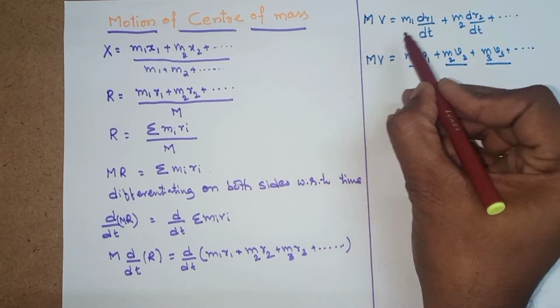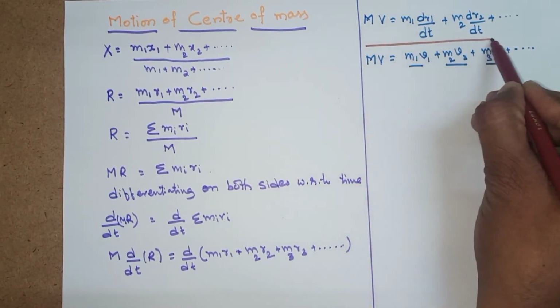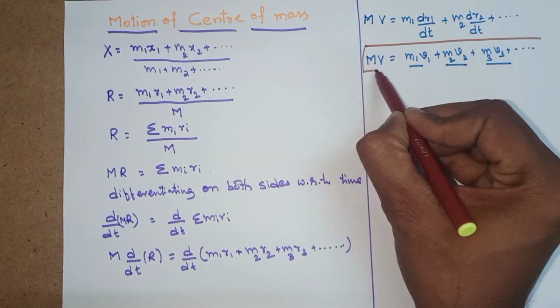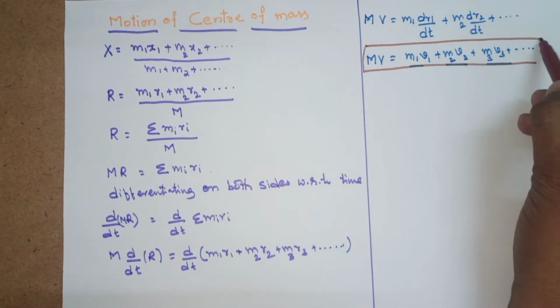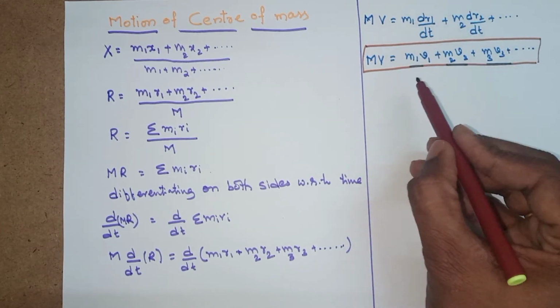Here m1, m2, m3 are masses which are constant and do not change. That's why we have taken them outside.